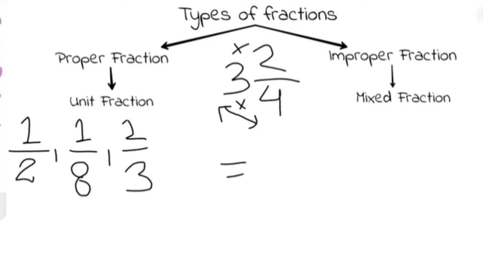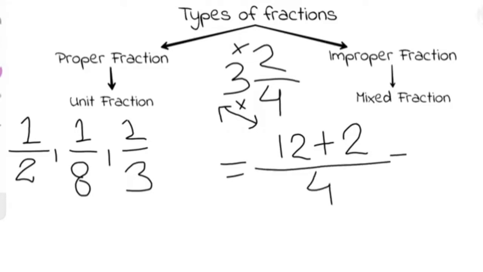Let's see how. 4 3 times is 12. Then you will add the remainder part, that is 2, as the numerator, and the denominator will remain the same, that is 4. So 12 plus 2 is 14. 14 by 4. Okay, so 3 2 by 4 can be written as 14 by 4.